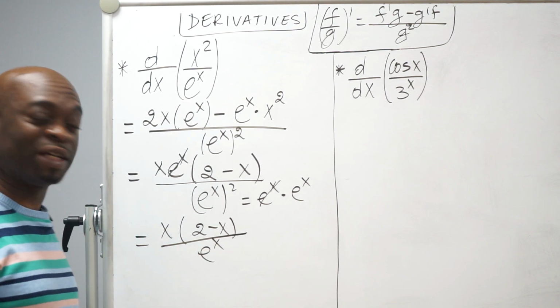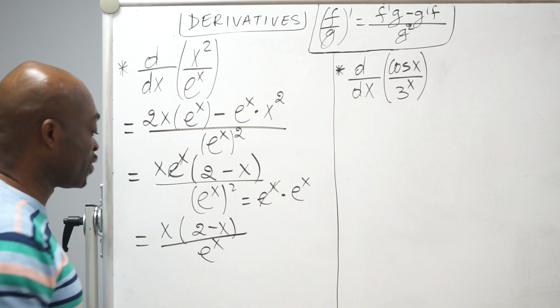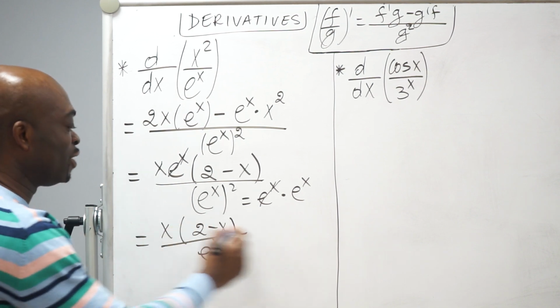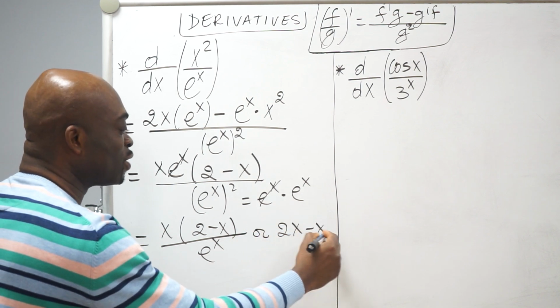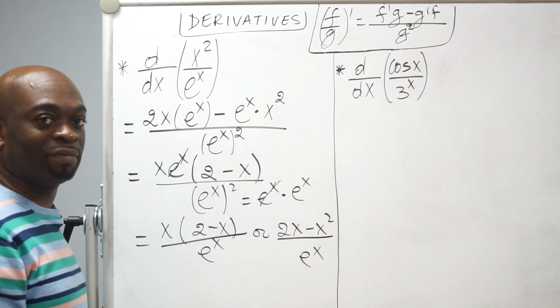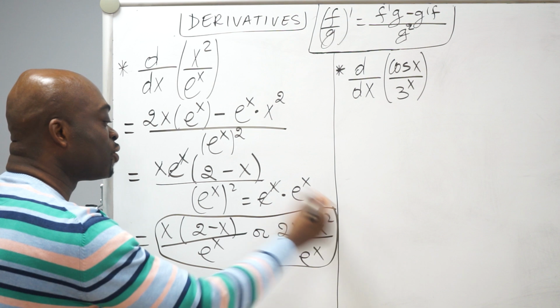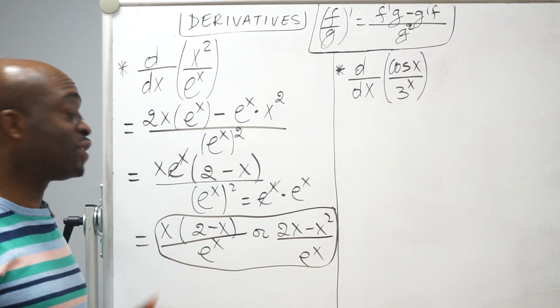Is there anything else that we can simplify after that? No. Or somebody can multiply this back out to get 2x minus x squared over exponential x. That's just the same thing, so either of those two answers is correct. All right, so this is it.